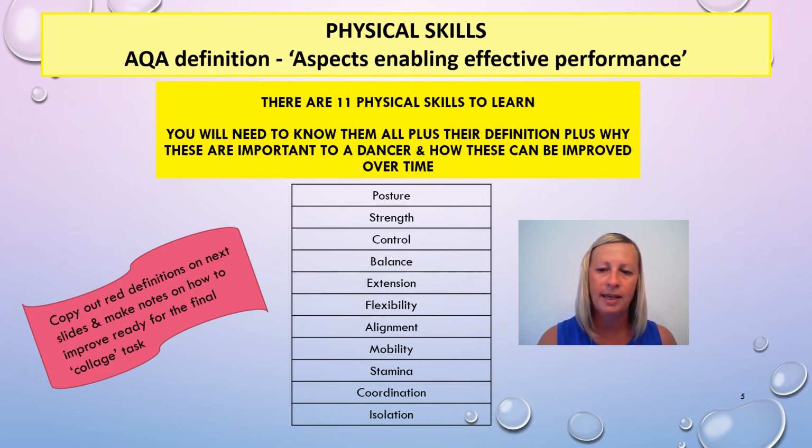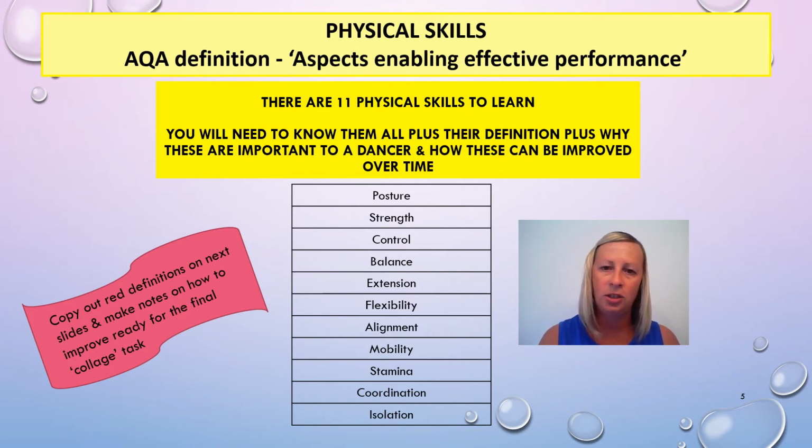So there's going to be loads of slides coming up. I'm going to just keep pressing through them. I'm not going to talk over any of them. I might do the first one. But you need to stop on each. You need to write down the definition that is in red. So you'll name the skill, you write the red definition, and then it will tell you about how you could improve it. So take some notes on that bit. Don't write them all out.